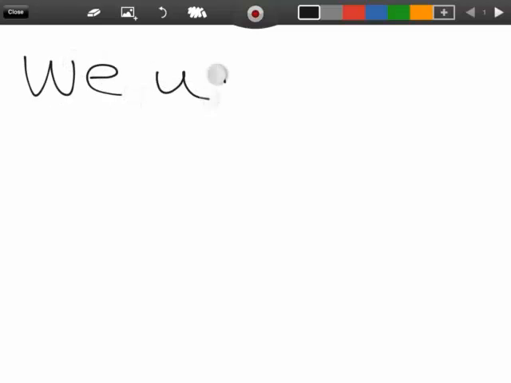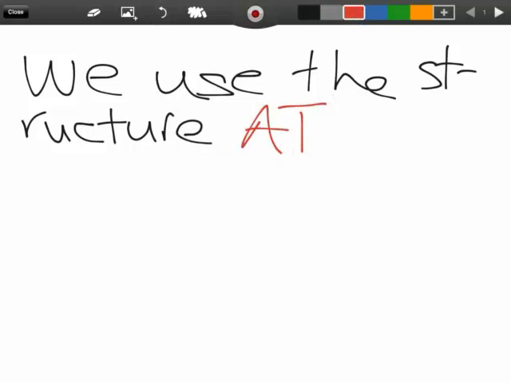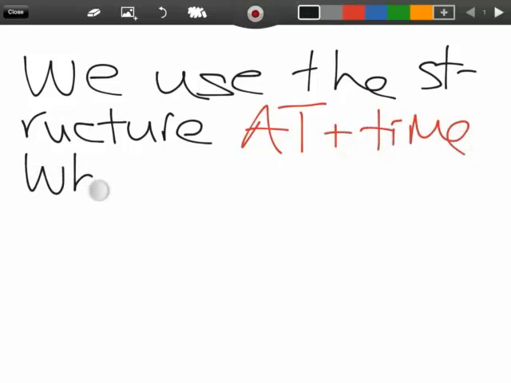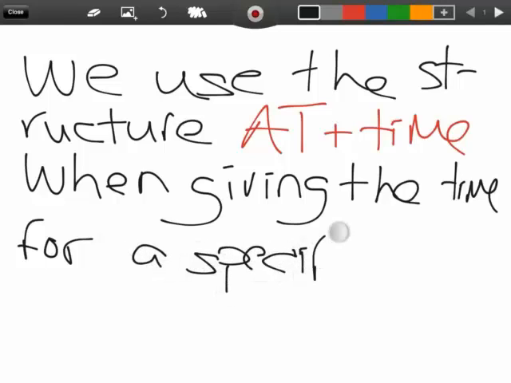We use the structure at plus time when giving the time for a specific event. Let's go ahead and do some examples for you to understand this much more clearly.